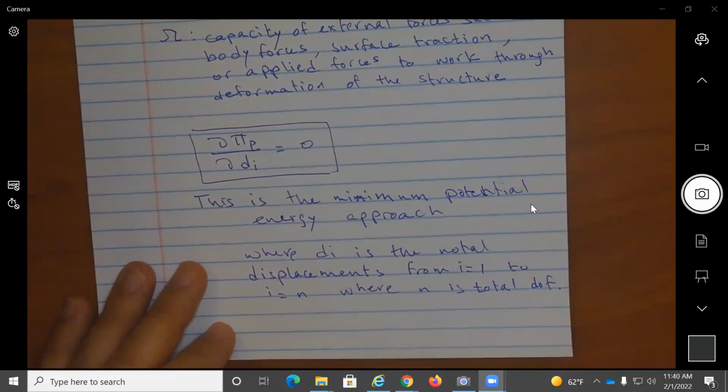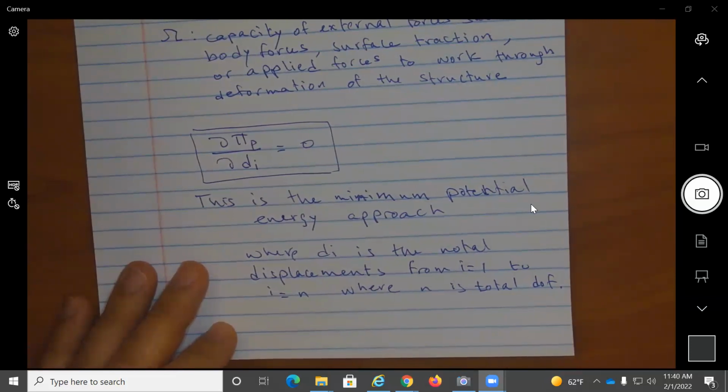So let's apply this approach to our spring element.